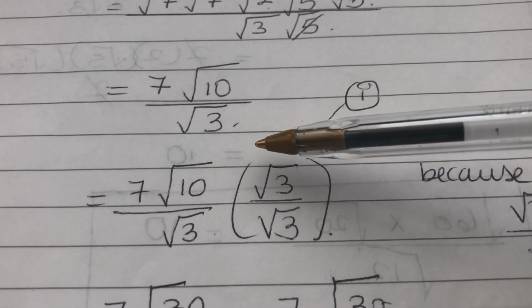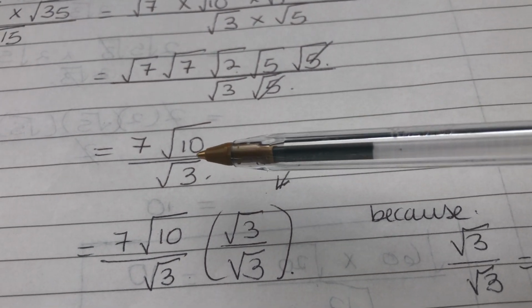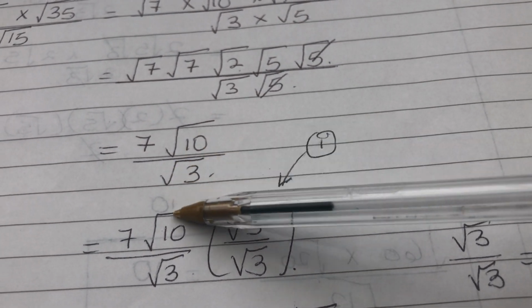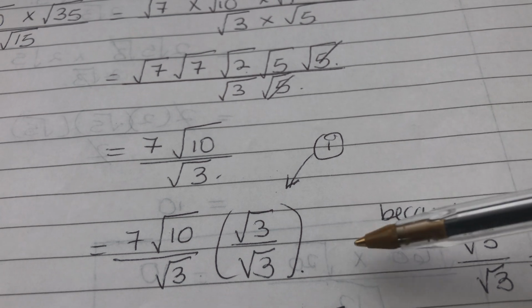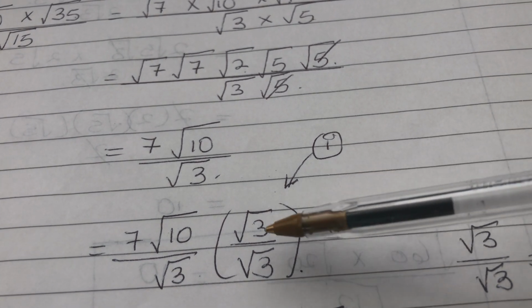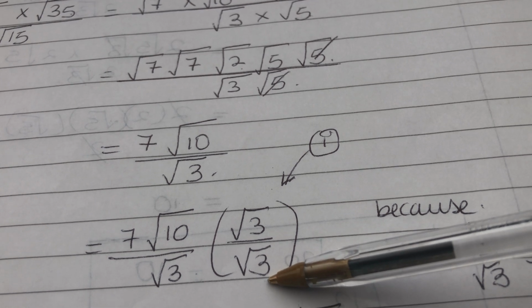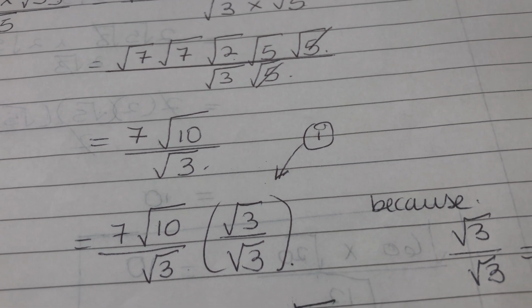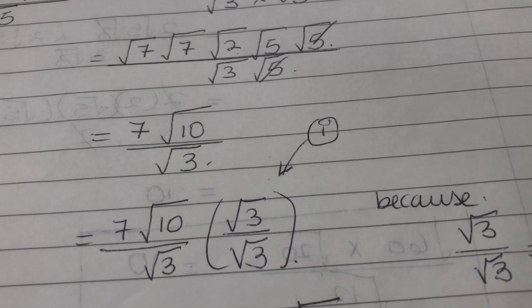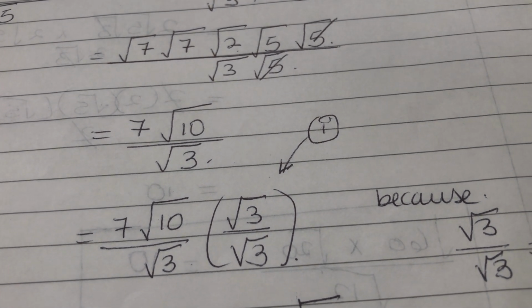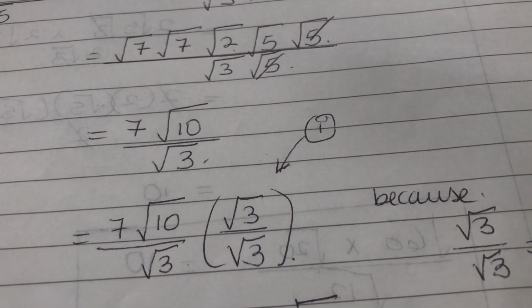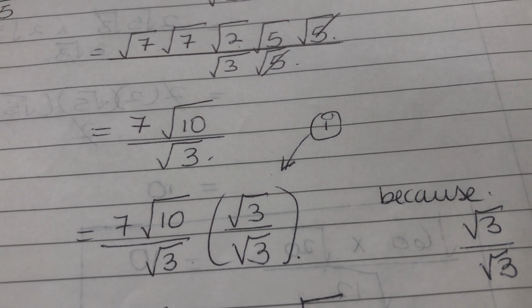Now, look at it. I want to get rid of the denominator. So how do I do that? Root 3 divided by root 3 is equal to 1. It's like root 9 divided by root 9 is equal to 1.